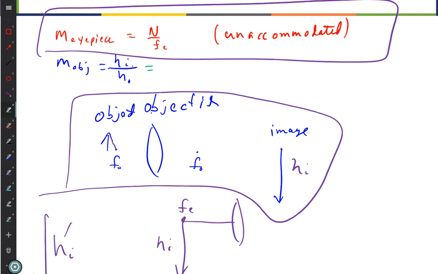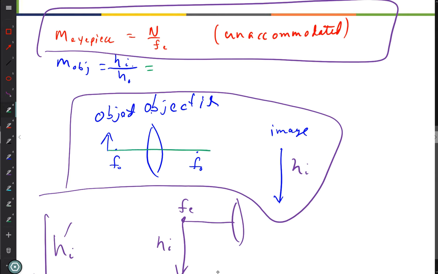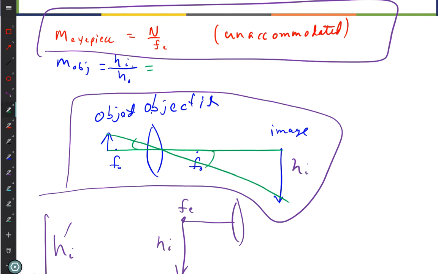Based on the vertex ray and the principal axis. I'll draw the two. This angle here and this angle are the same, so they have the same tangent, which means that HI over DI is equal to HO over DO. But there's a minus sign because it's inverted, so minus distance image over distance object.